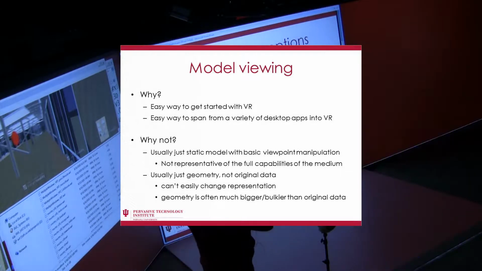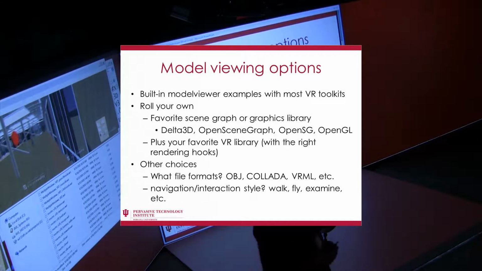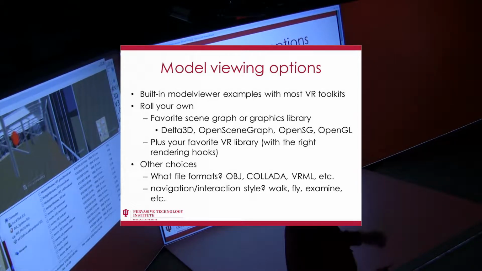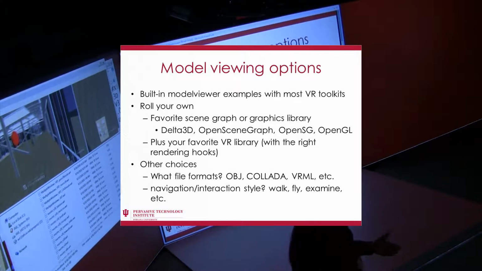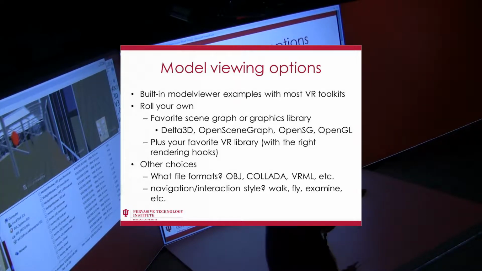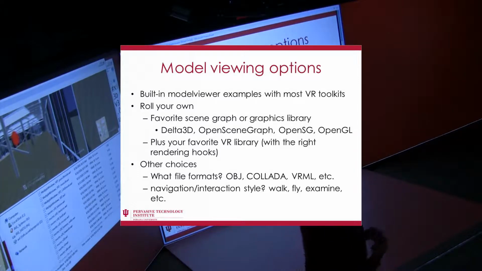So what are your options? You certainly have commercial tools, and we'll show one example that you can use. Many of the VR libraries that you might want to adopt, whether it be VRUI, FreeVR has one that uses Open Scene Graph.